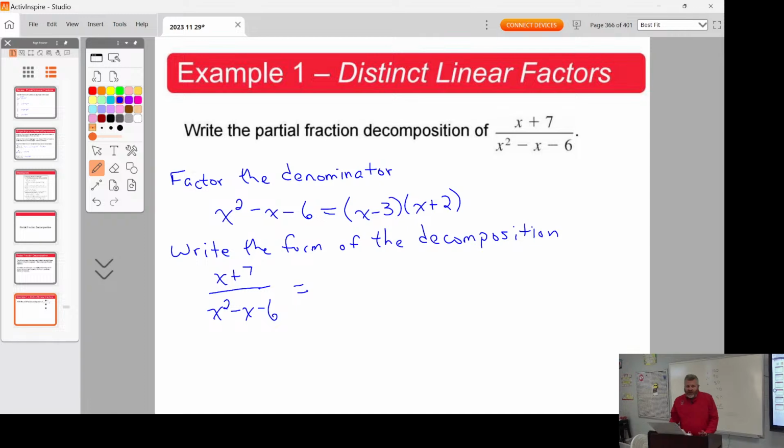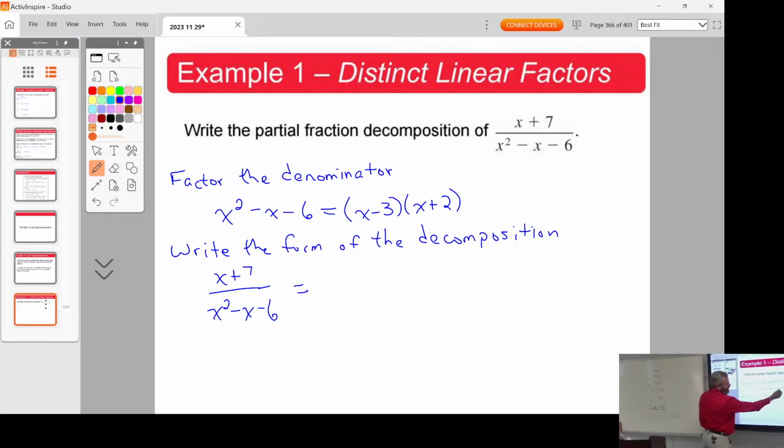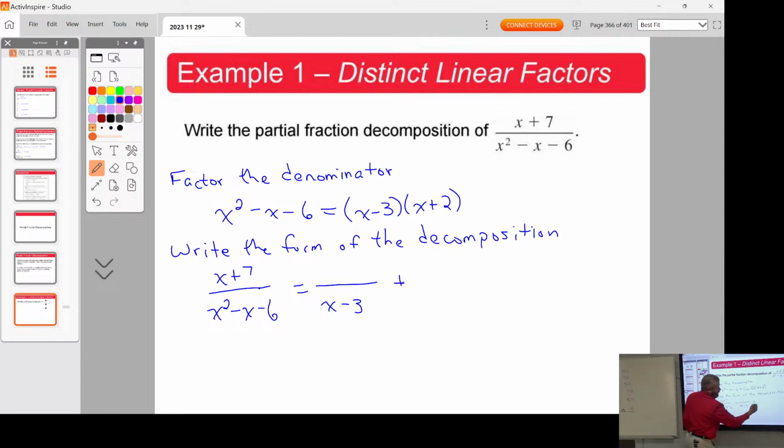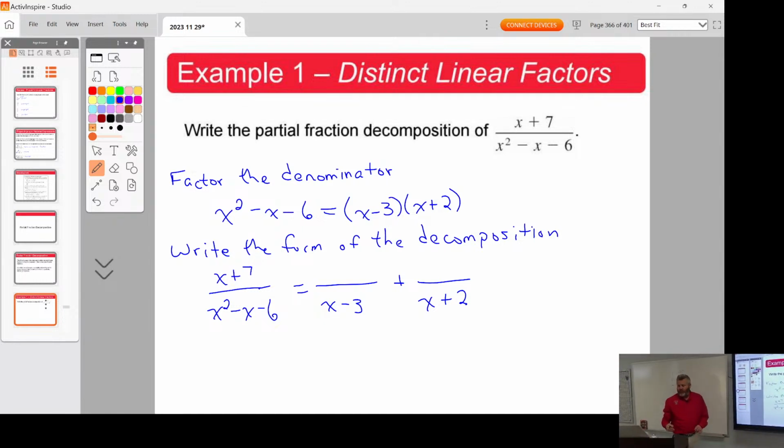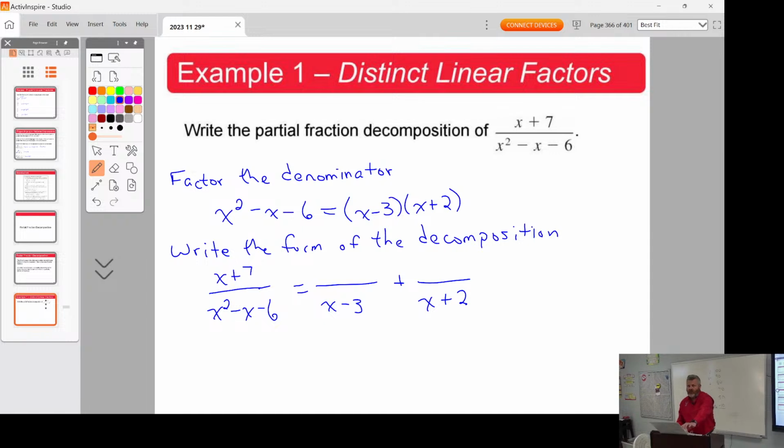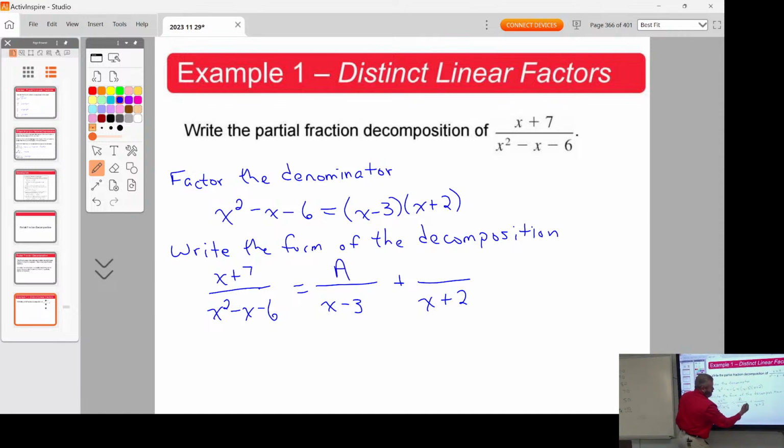How many factors did I get? 2. So I'm going to decompose this into 2 pieces. Each factor represents a denominator. So I'll have a denominator of x minus 3 plus I'll have a denominator of x plus 2. Y'all good with that? The thing is, I don't know what my numerators are going to be. They might be the same, but they might not be. Okay? So since I don't know what they are, I'll just call one of them A and one of them B.